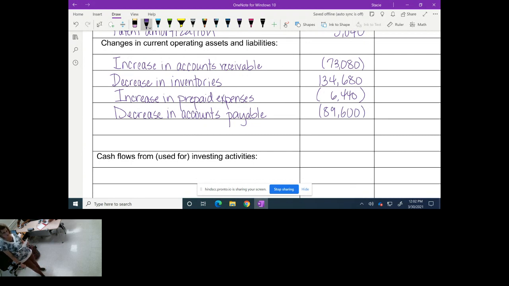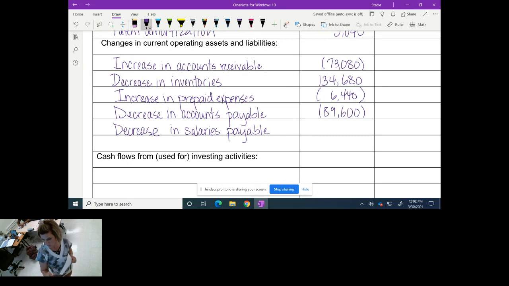And what's the next one? Salaries payable. So what's happening to that one? There's also a decrease. We got a decrease in salaries payable. All right, and how much was that? 1,120.